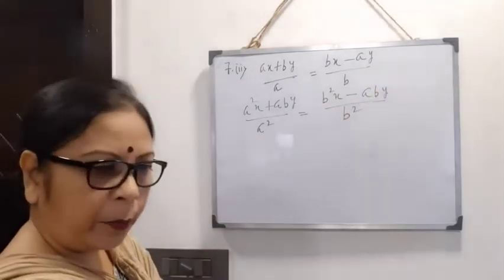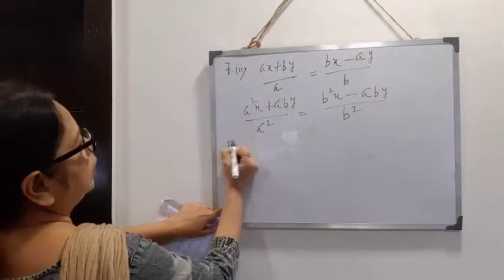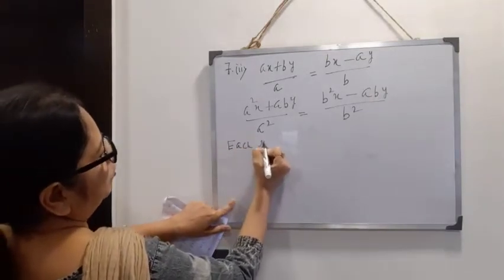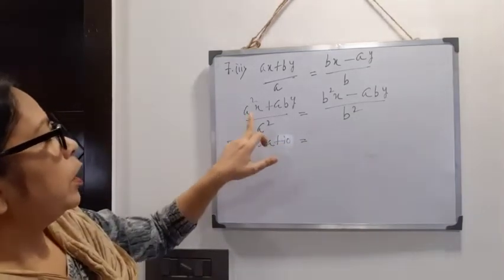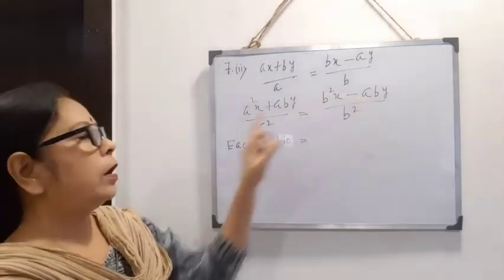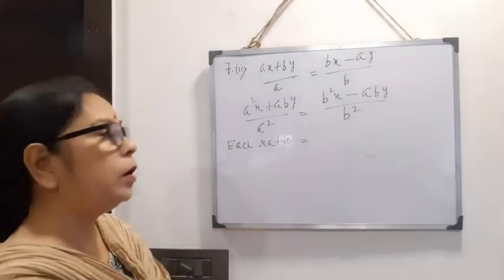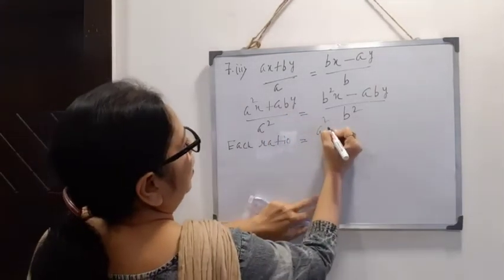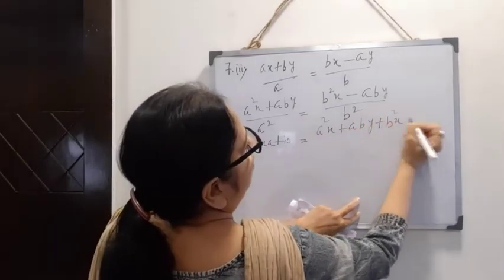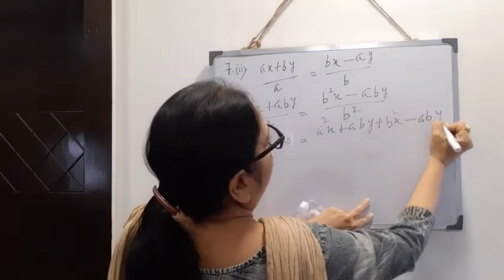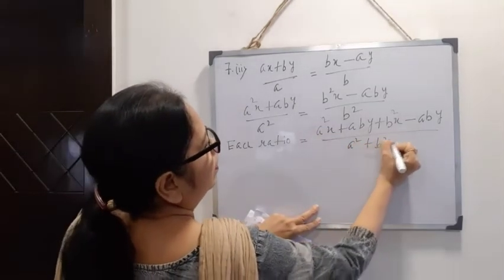Now you will keep it in mind, when it is given that, show that each ratio, so each ratio, if this is written in your question, so what to do here? You will just add the numerators and you will add the denominators. Now I am adding this a square x plus aby plus b square x minus aby, and I will add the denominators a square plus b square.